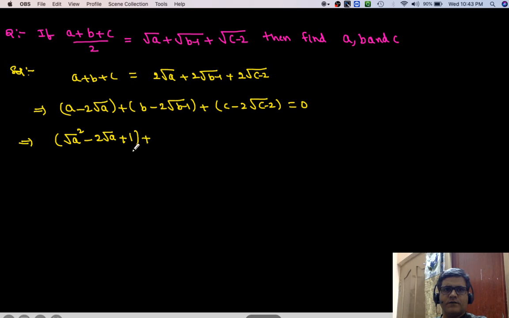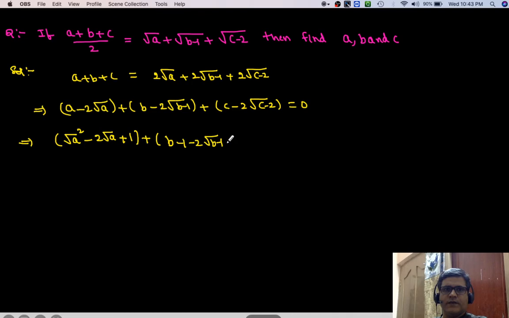So in the second bracket, I will write this b as, here inside the square root b − 1 is there. To generate b − 1, subtract 1, plus, we subtracted 1, b − 1 − 2√(b−1).